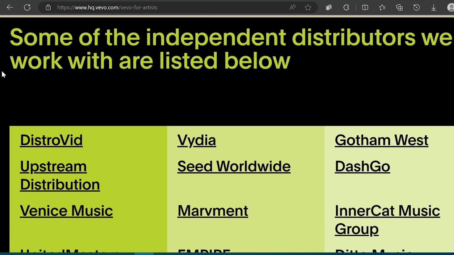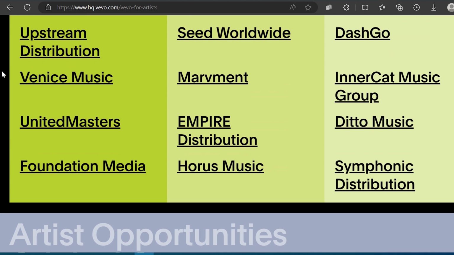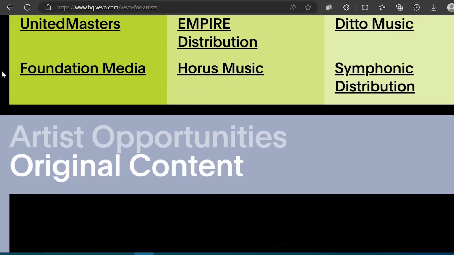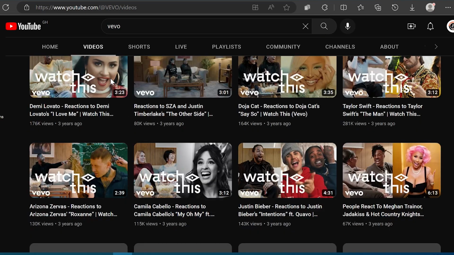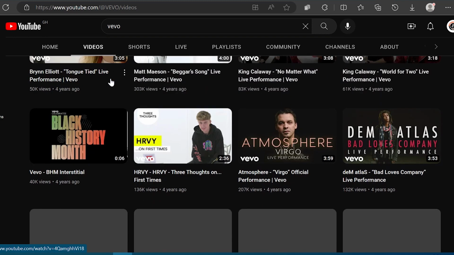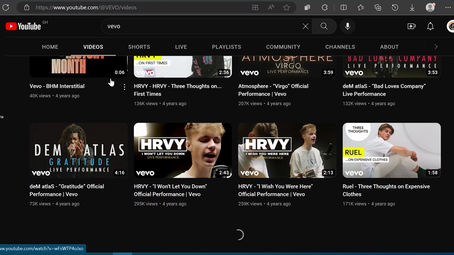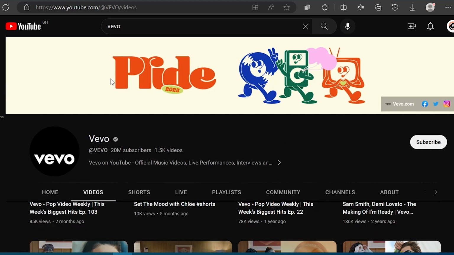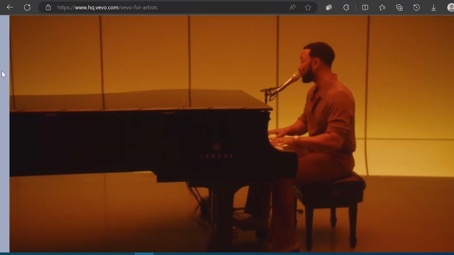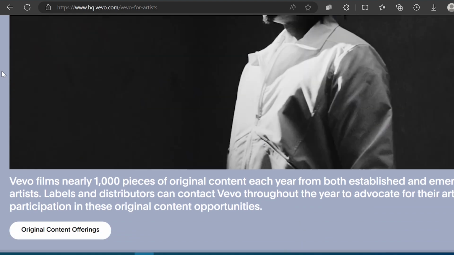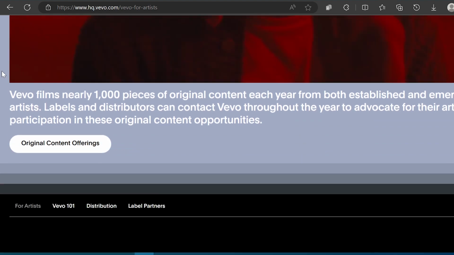VEVO has gained significant popularity and has become one of the leading destinations for music video consumption. It has a strong presence on YouTube, where many of its videos are also available. Where VEVO originally had its standalone video player, it has since shifted its strategy to focus on expanding its reach through partnership and integration with other platforms.